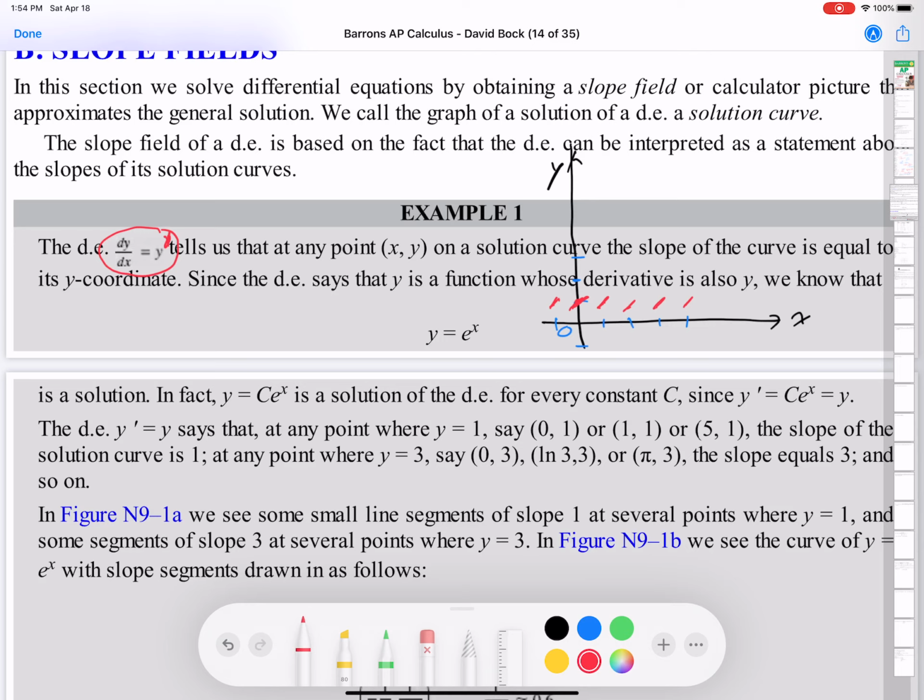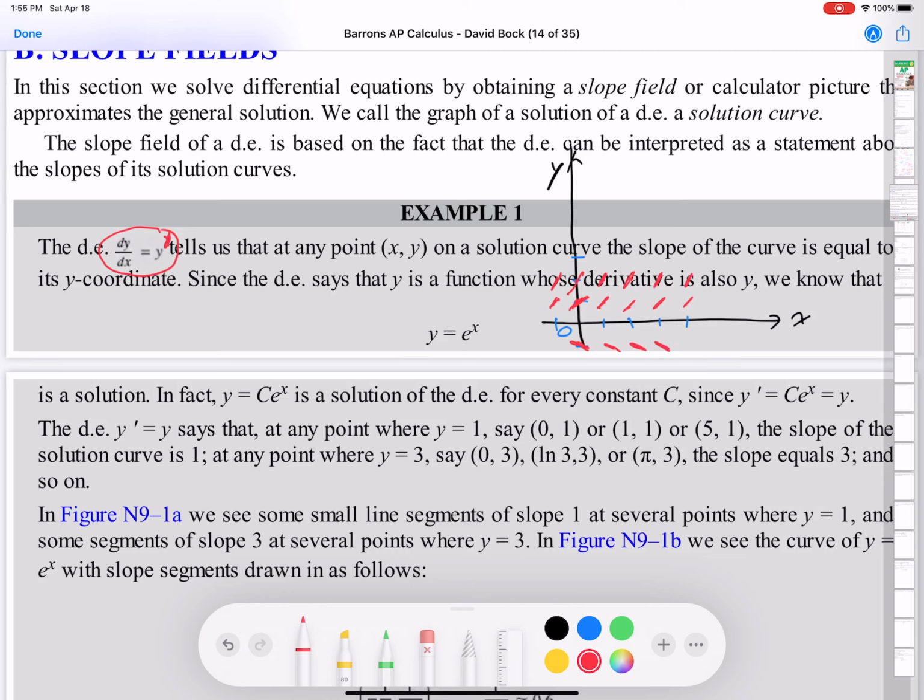What about if y equals 2, like (0, 2), (1, 2), (2, 2)? All those points, the slope is a little higher than 1, like 2, right? That slope is supposed to be 2. If y is -1, the slope is -1.